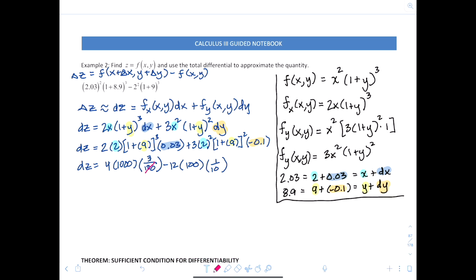This 100 will divide out all but 10 of the 1,000, and then this 10 will divide out part of that 100. So when we simplify, dz is 40 times 3, which is 120, minus 120. So dz, the total differential of z, actually ends up being 0. Cool?